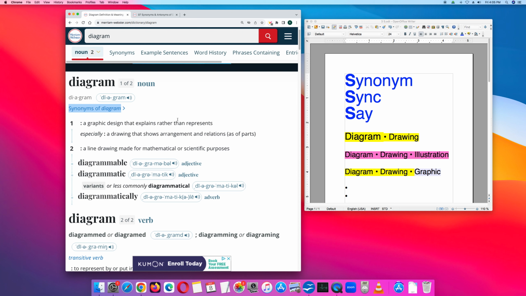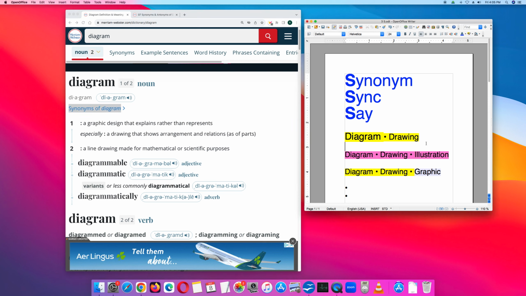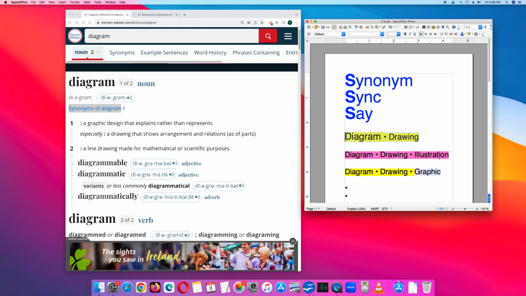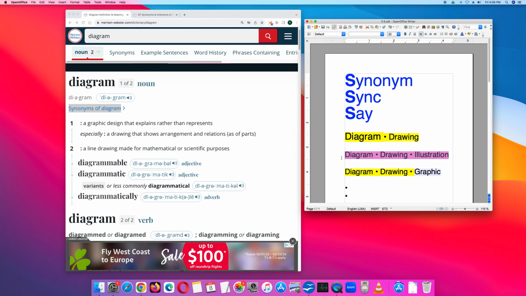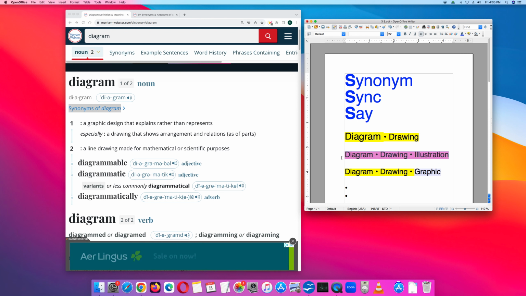Training wheels is when, in the beginning, I'm looking at the word diagram. Let's say diagram, drawing, illustration. In the beginning, it's good to look at the words, but you want to ultimately be able to do what I call no-look recitation. No-look recitation is where you close your eyes or look away, and then you can recite it.